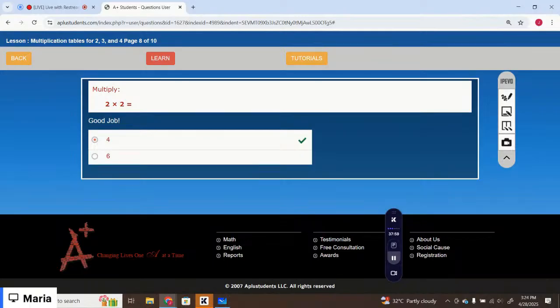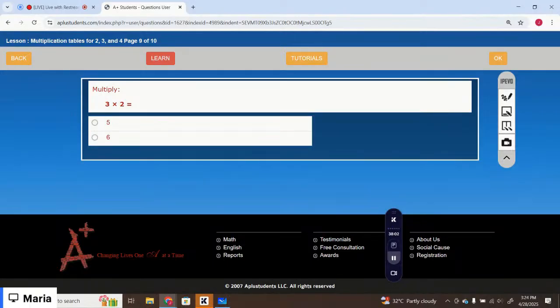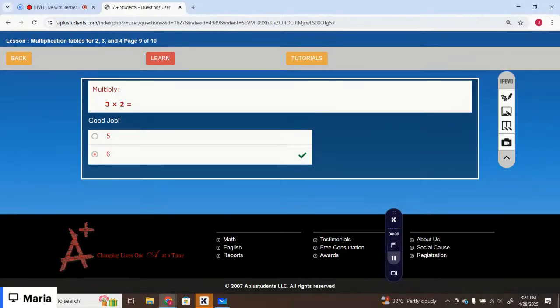Option number 1 is the correct option. Three times two, which is the correct option. That is six. Option number two is the correct option. Three times two is six.